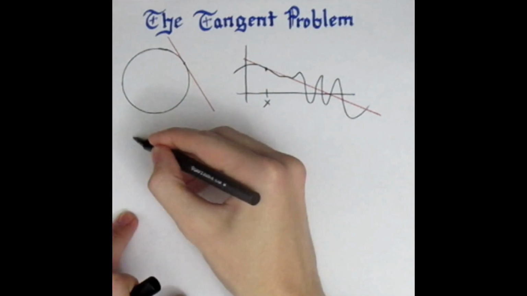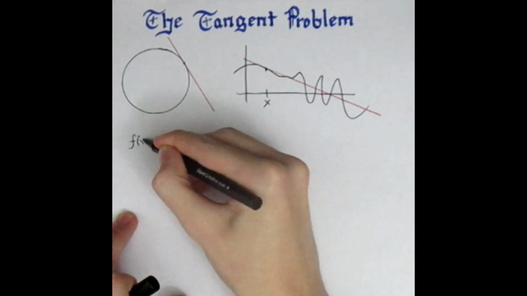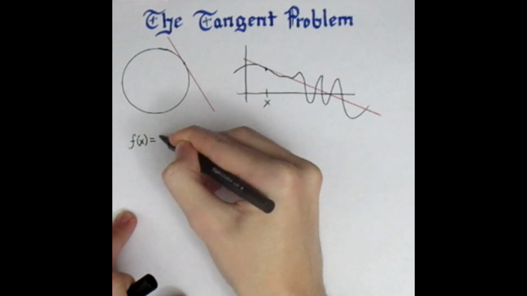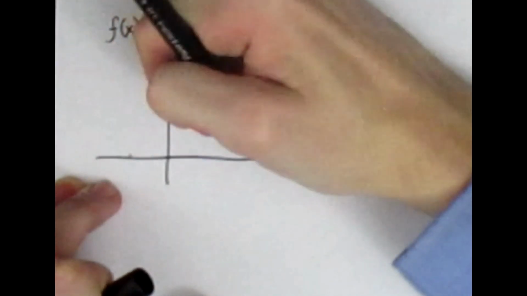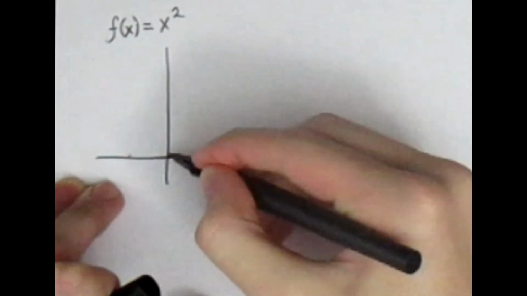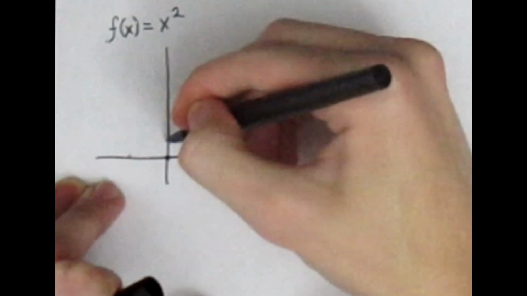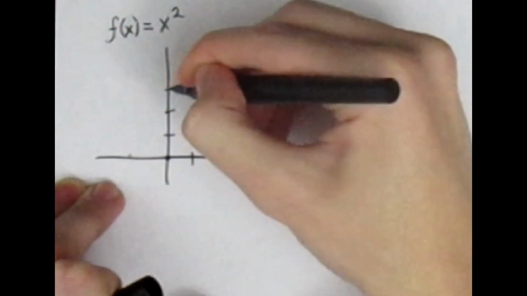In this example, let's say we have f of x equal x squared. So let's draw out this function. And as we notice from algebra, this is a parabola.